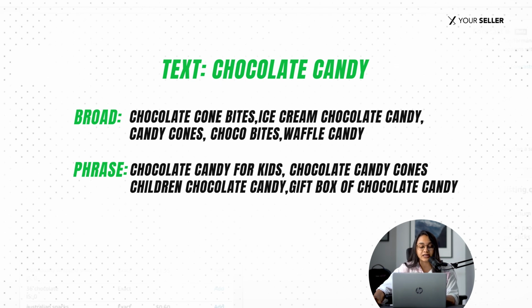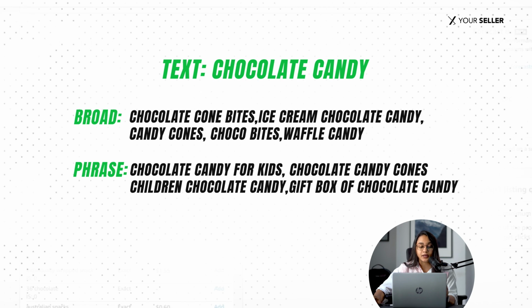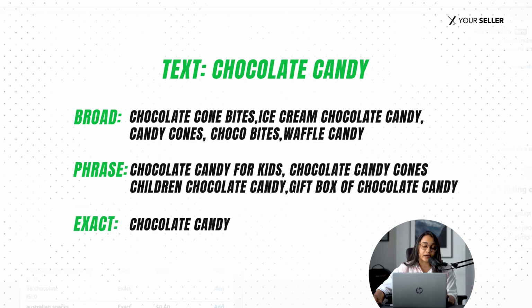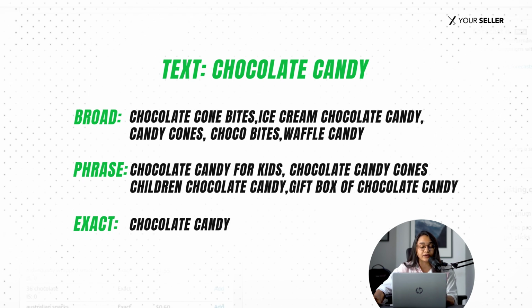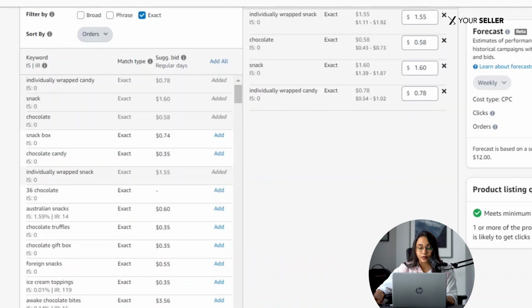So the term has to be in the same sequence. Basically it offers a balance of reach and relevance. Exact match is where your ad appears on what a customer exactly searches, so the exact keyword or a close variation. This is the most precise targeting. We'll add exact for this video.